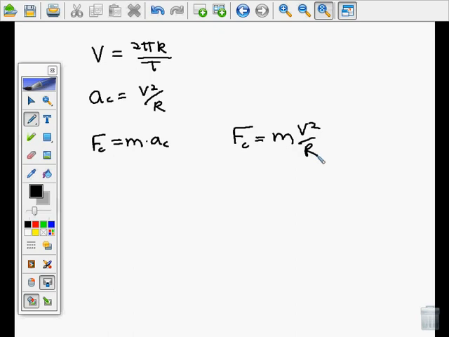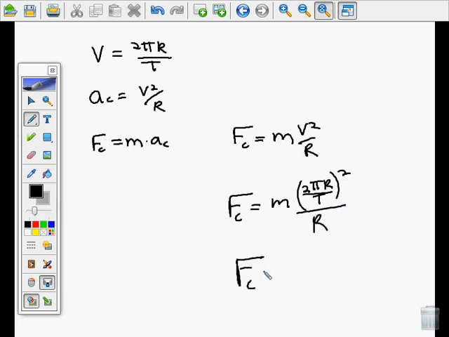But then in that, you could substitute the first formula, and you could say F sub c is equal to m times 2 pi r over t squared, because that's what the velocity is, all over r. And if you simplify that, what would you end up getting?